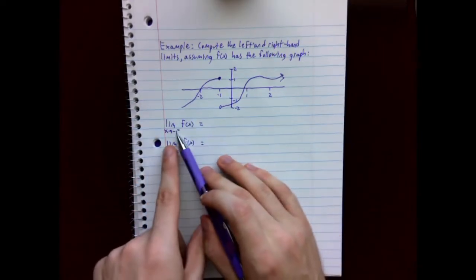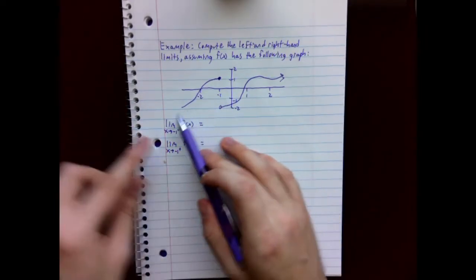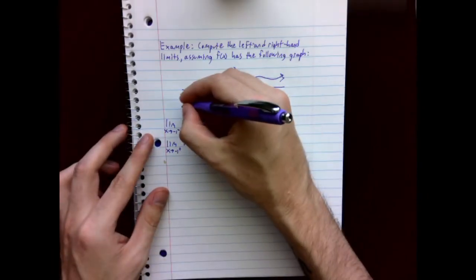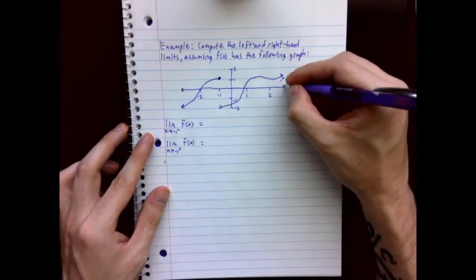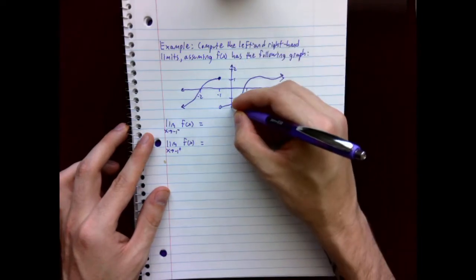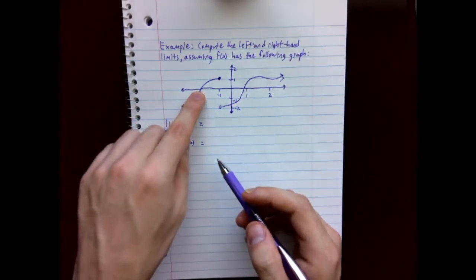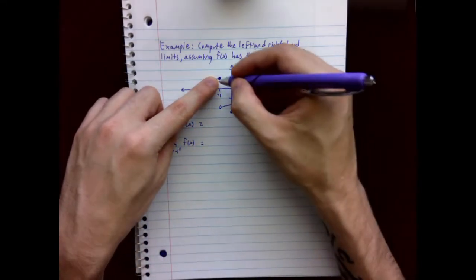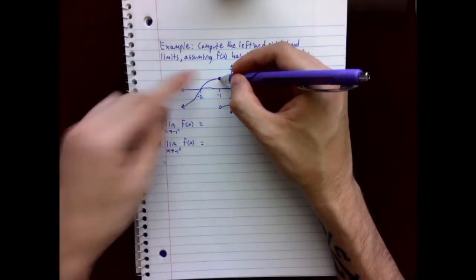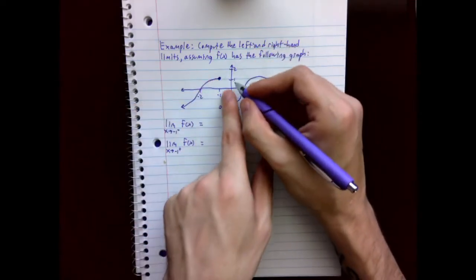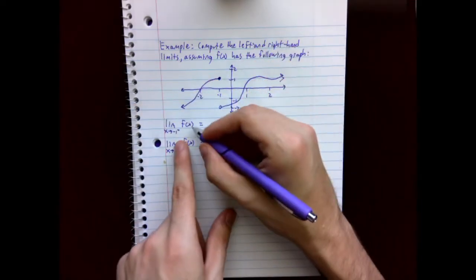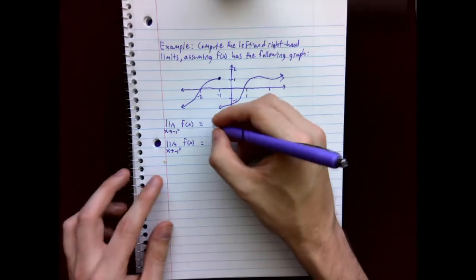Well, let's actually just look at -1 and then come in along the left-hand side. So coming in from -infinity. Okay, so I'm coming in from -infinity along the left, and as I get close to -1, my f of x is going to get closer and closer to 1.